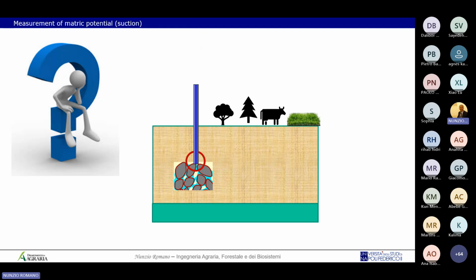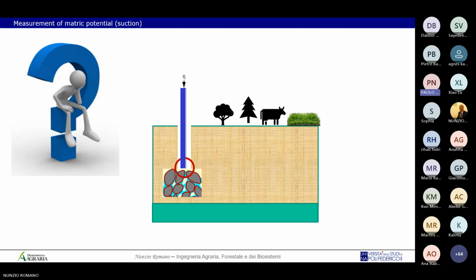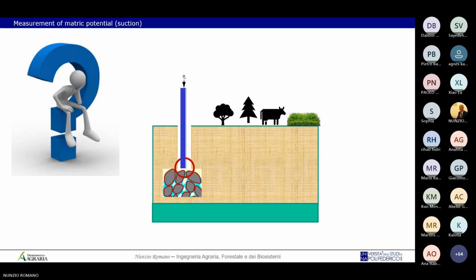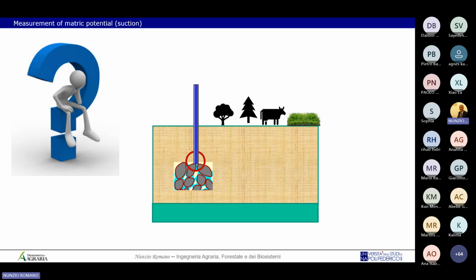Why? I prefer it to be more precise. Why does the water, as Felipe said, go down? He says by capillary forces. No, this is not the case. This is not the right answer.